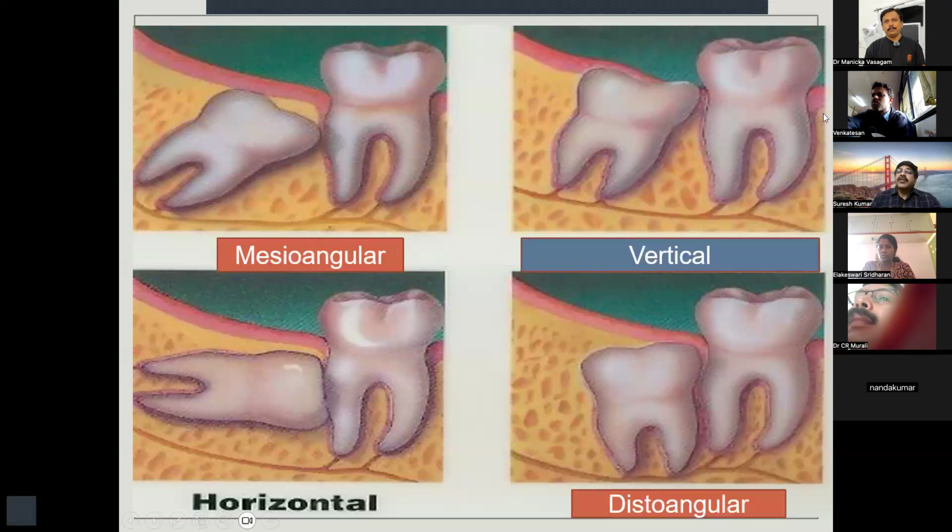So if the interdental bone is the same here and here, then you call it a vertical impaction. But if the interdental space between 7 and 8 is lesser than the interdental space between 6 and 7, then you call it a distoangular impaction. A very simple point which will clearly tell you it is vertically impacted or distoangularly impacted.